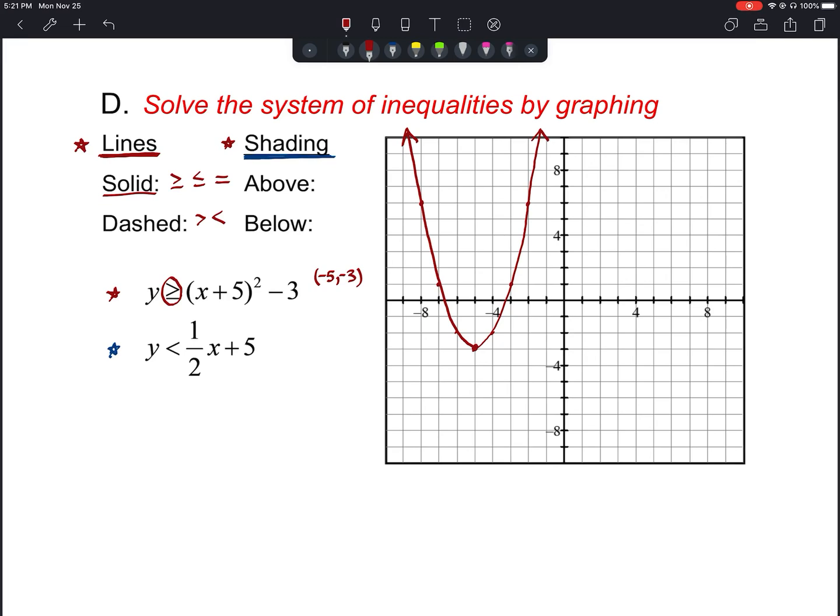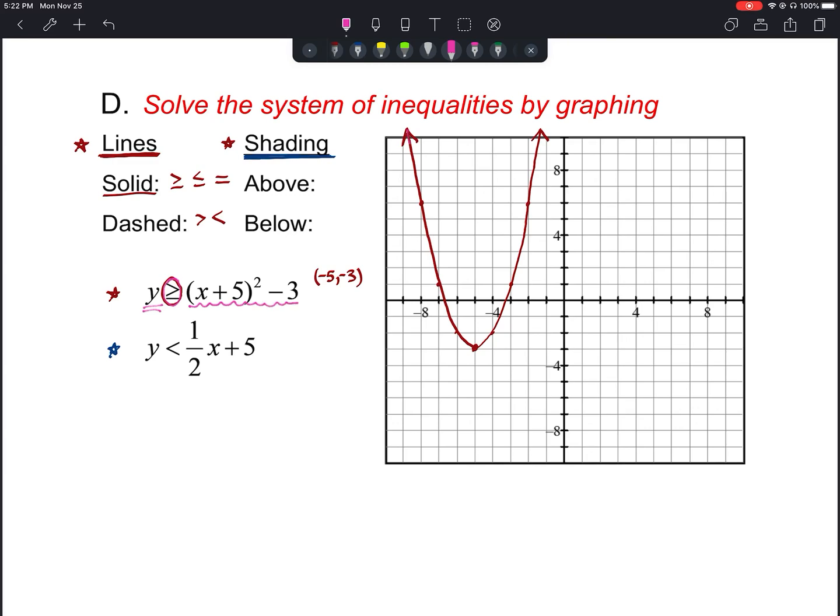Okay, now we're looking for a region where all of the points on the coordinate plane will make it true. So our graph is like a boundary. If I wanted to figure out all of the points that make this true, I'm looking for the y values that are greater than this parabola.